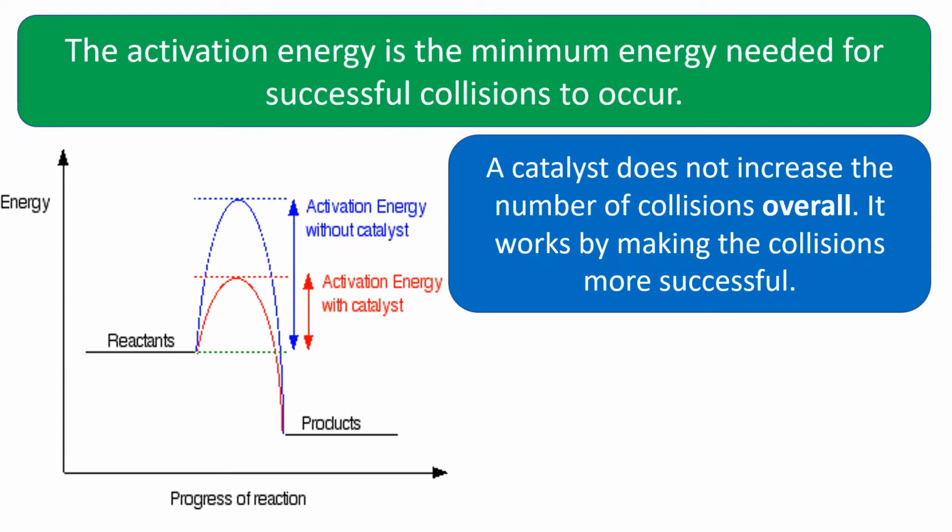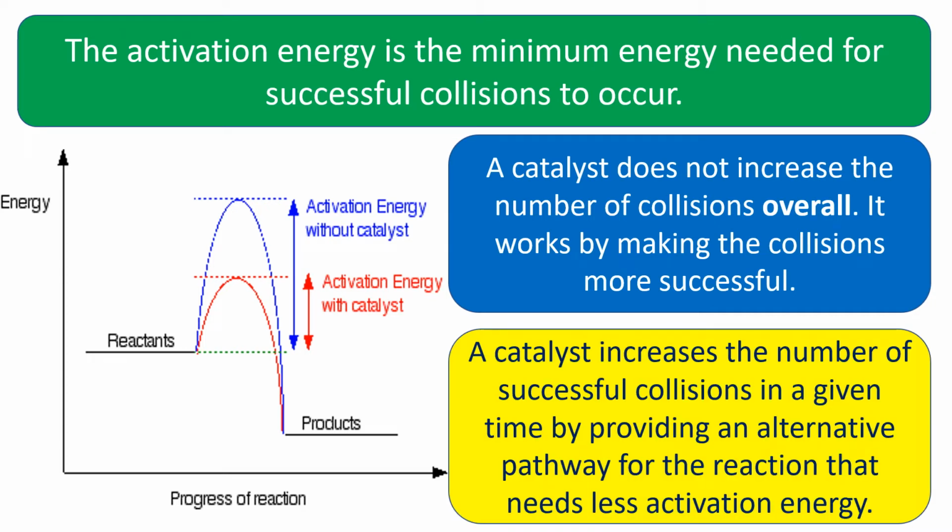It doesn't increase the amount of products made. It simply works by making those collisions more successful. And the way it does that is by providing an alternative pathway that doesn't need as much activation energy. And so collisions occur more successfully with less energy needed.